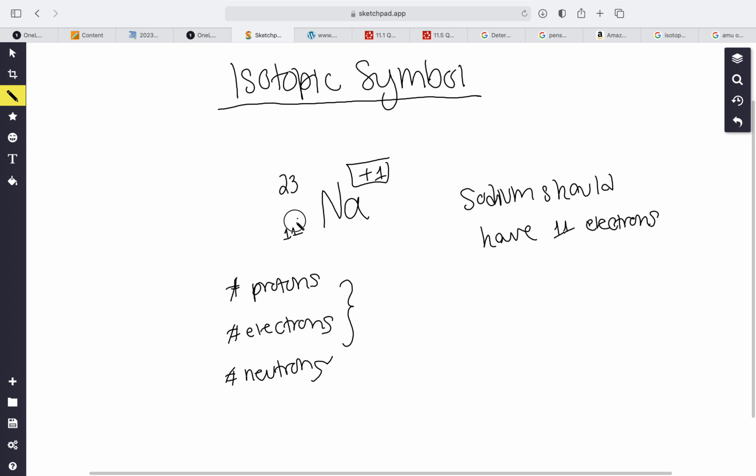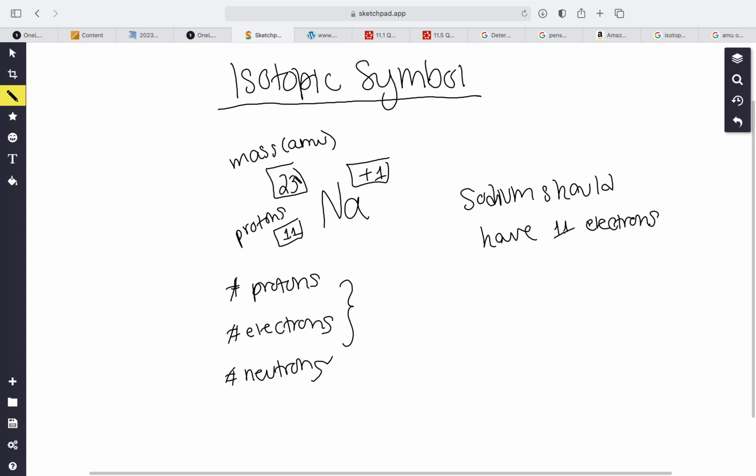This number here is the number of protons. And then this is the mass, so let me write that up there. So this is the mass, usually in AMU, atomic mass units is what they call it. And then this is the number of protons. Wow, that is... Prons, it's the number of prons. Protons, there we go, I must have forgotten.